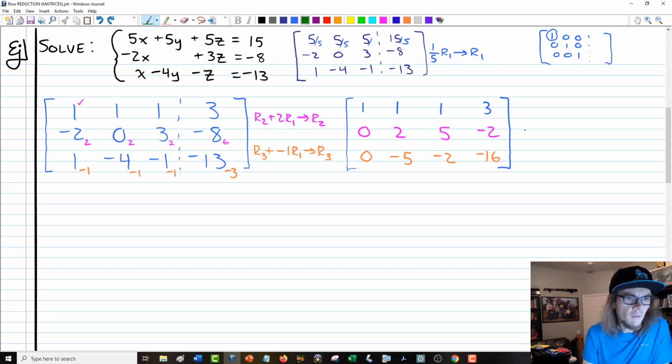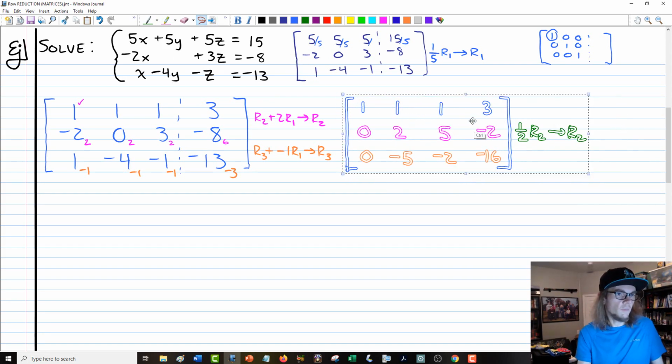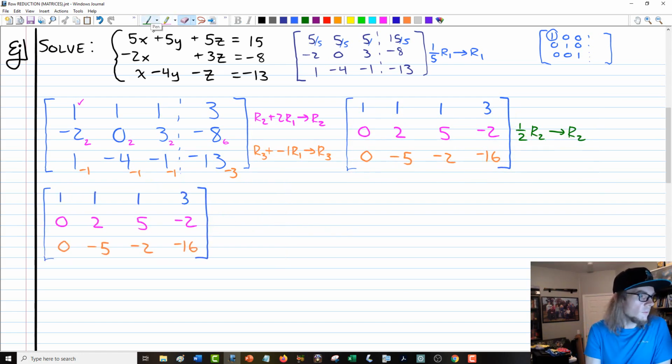So what I'm going to do from here is multiply 1/2 times row 2, and get that result and replace row 2 with it. For the sake of simplicity, and to save us a little bit of time, I'm going to copy down my nice large version of this matrix, and just replace that row. So we had 0, 2, 5, and -2, so we are effectively dividing each of those by 2.